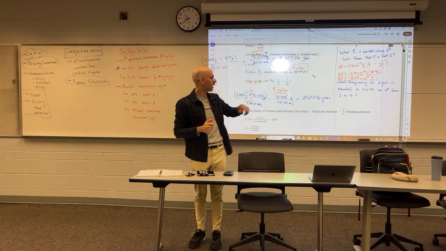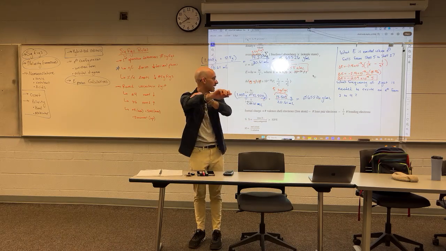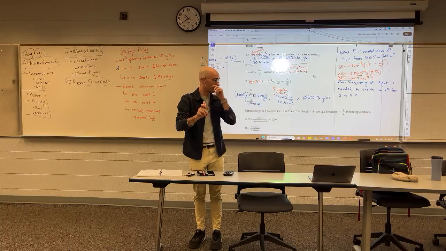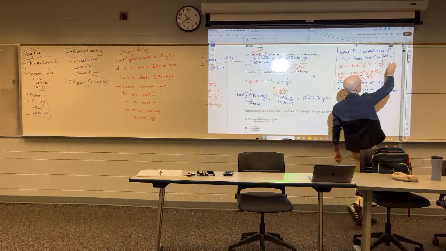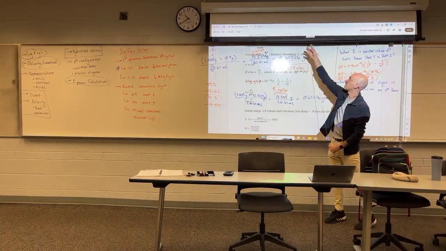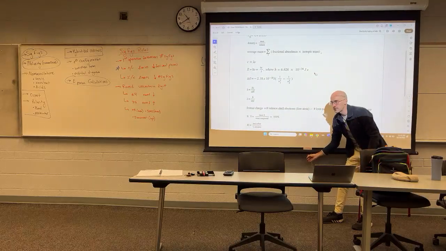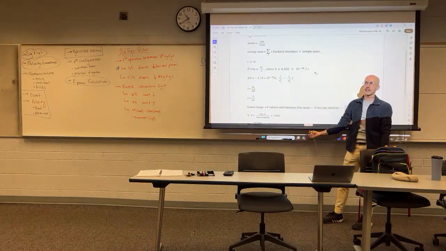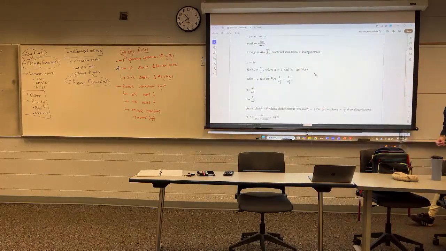All right, second one. What frequency of light is needed to excite an electron from 3 to 4? If I'm looking at my equations sheet, which equation will help me calculate the frequency of light?